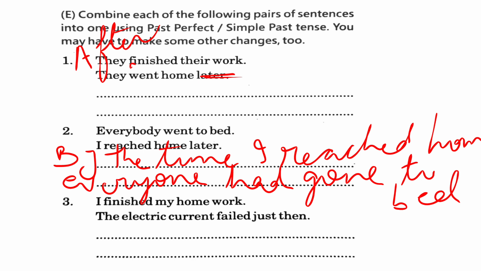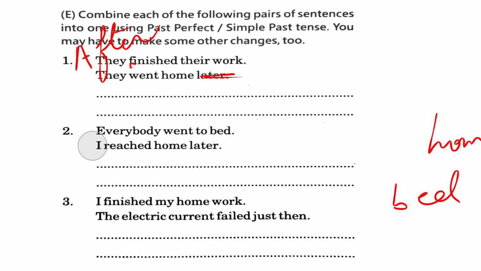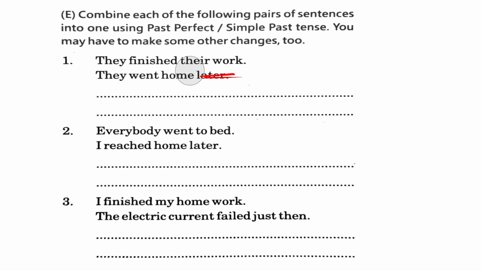I finished my homework. The electric current failed just then. So you can frame your sentence like this. Let's rub this. I had hardly finished my homework. Just add had here.